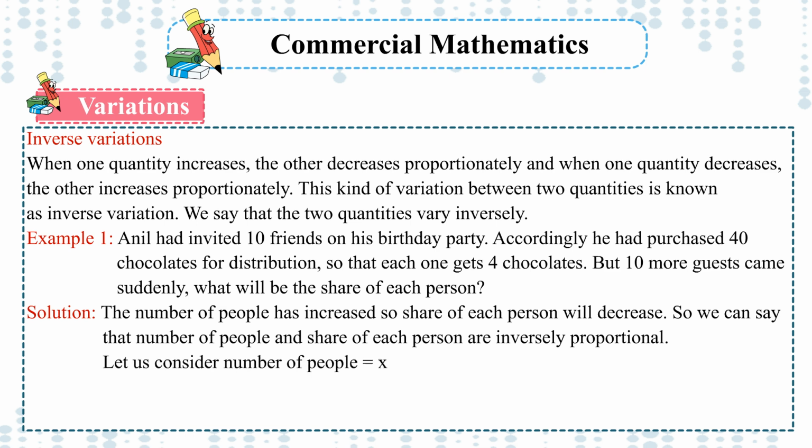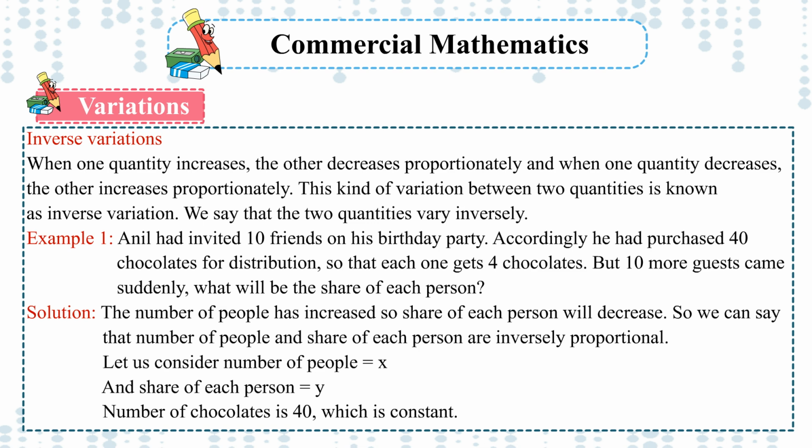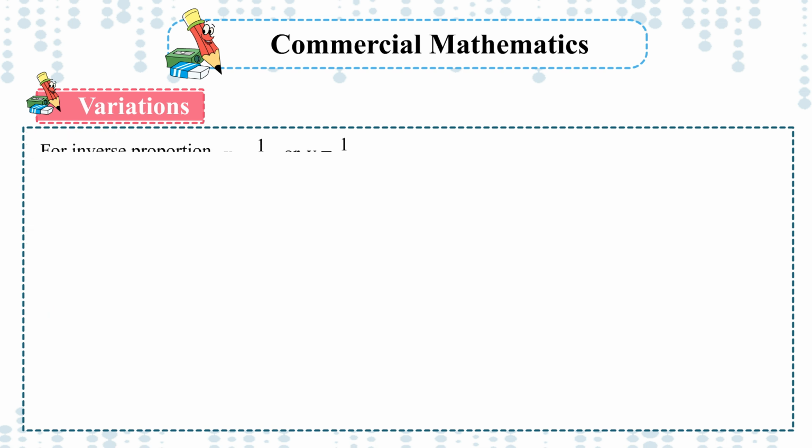Let us consider the number of people is equal to X and the share of each person is equal to Y. Number of chocolates is 40, which is constant. For inverse proportion, X is equal to 1 upon Y, or Y is equal to 1 upon X. Hence, X multiply Y is equal to constant.